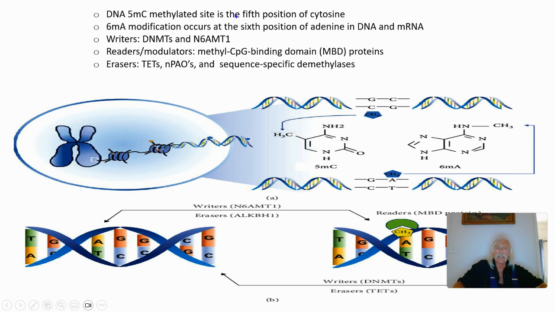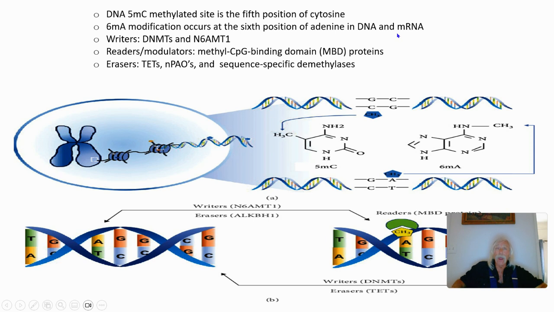So there is a 6-methyladenosine modification that will occur in the 6th position of that nucleotide. That can occur in DNA or messenger RNA or in microRNA. Also, I should point out that it occurs in ribosomal RNA and in transfer RNA. So all the RNA molecules.